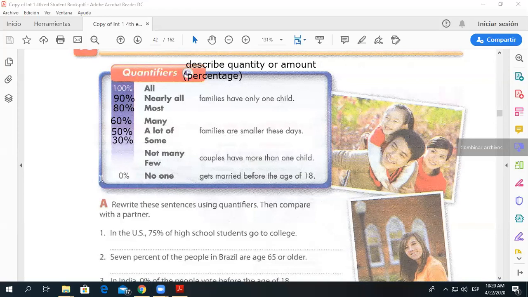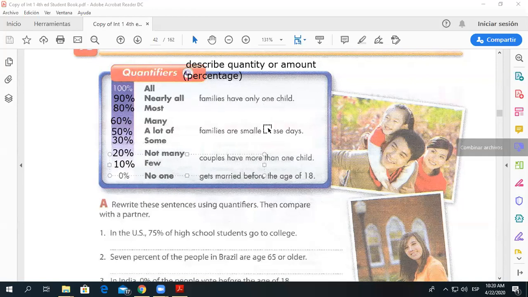And then we got not many. Not many, well, that's maybe 20%. That'll be okay, not many. And then few, what's few? 10% can be. Okay, and no one is 0%.